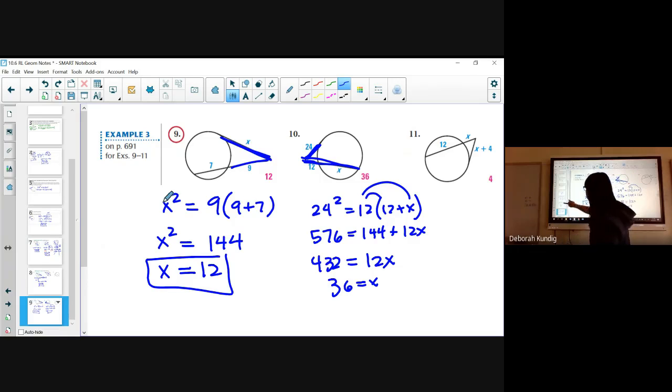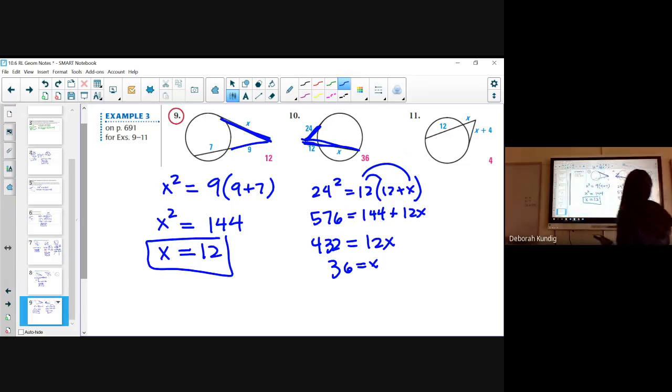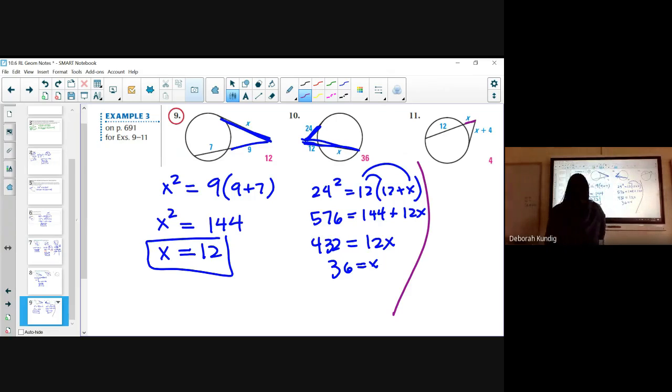All right, so this next one, let me do it in purple so you can see the difference. All right, so the outer, I'm going to need more room. Let's do this.